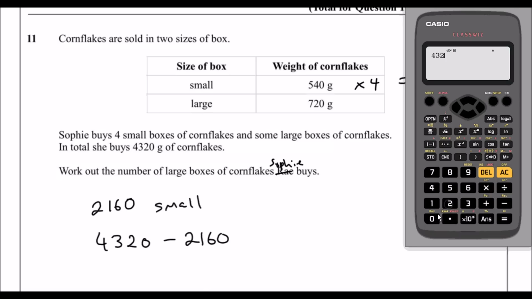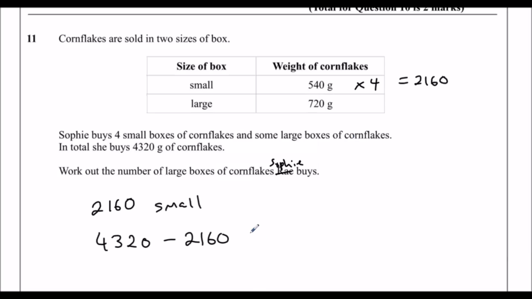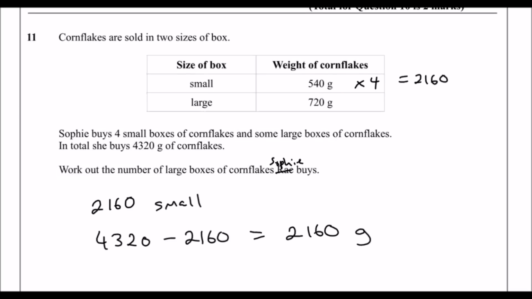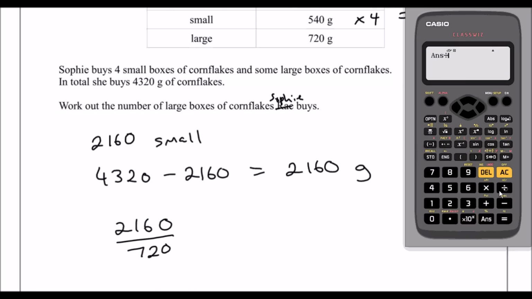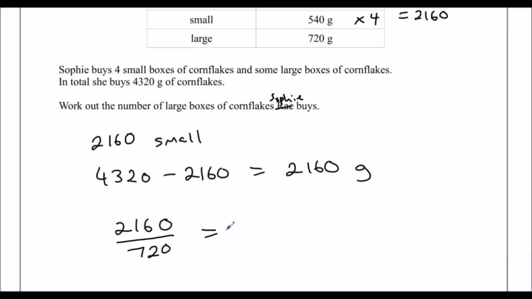So 4,320, take away 2,160, is 2,160 as well. So 2,160 grams, and they're in 720 gram packs. So how many 720s make 2,160? That is 3. So 3 large boxes.